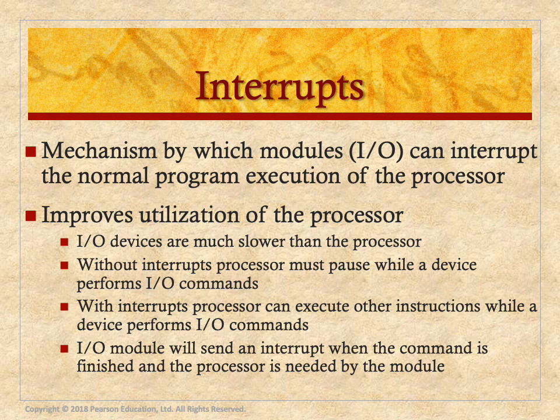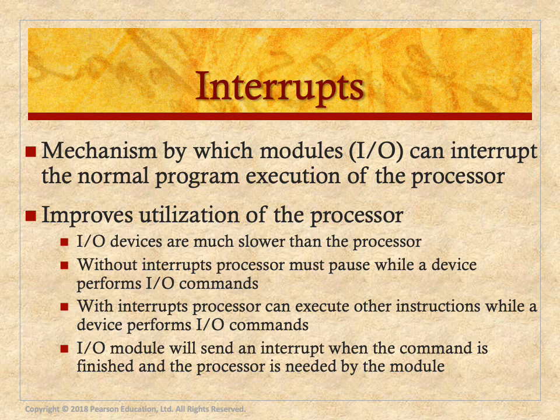However, in a computer system, this is not always the case. A running user program may get interrupted by another program and then resumed at a later stage. An interrupt is a mechanism by which input and output modules can interrupt the normal program execution of the processor.